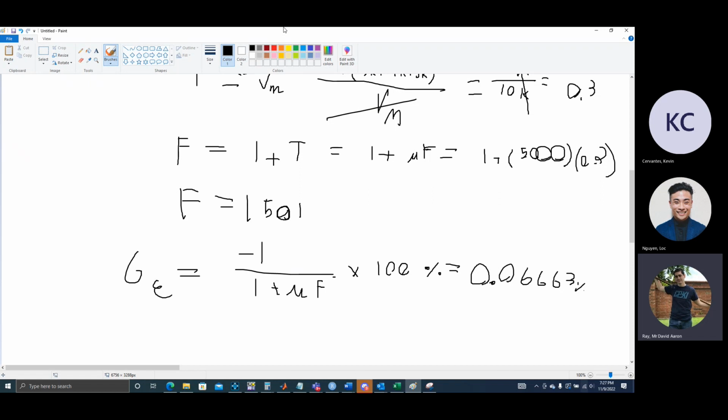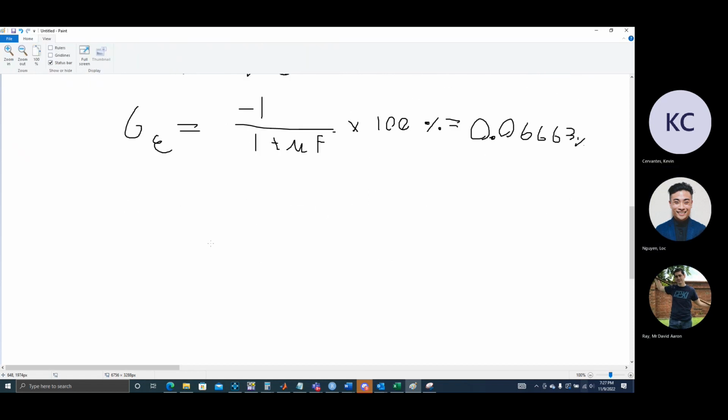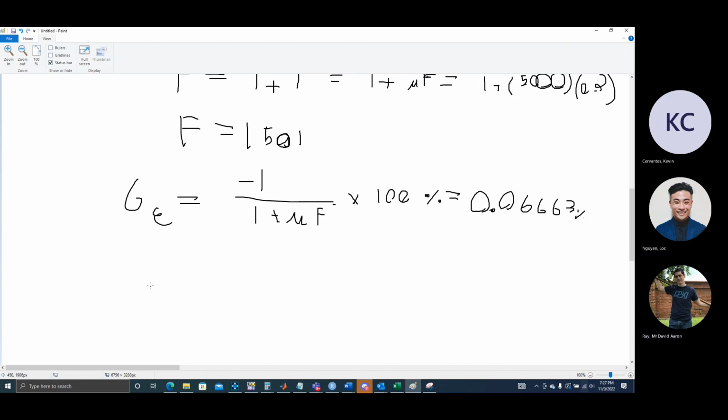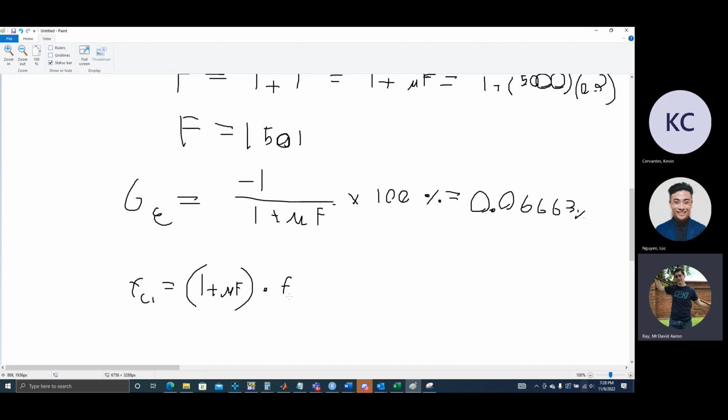And then for the closed loop, F of the closed loop is going to equal 1 plus mu F in parentheses times F of the open loop.